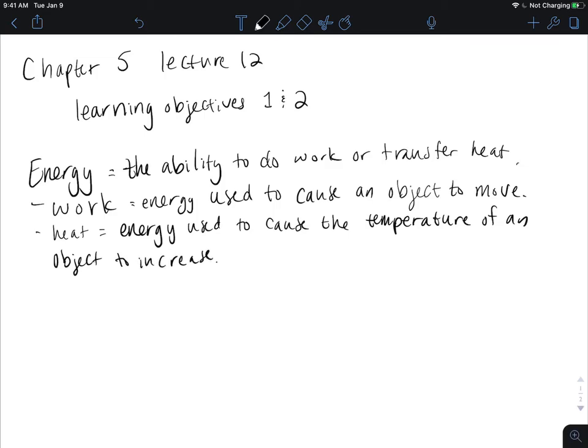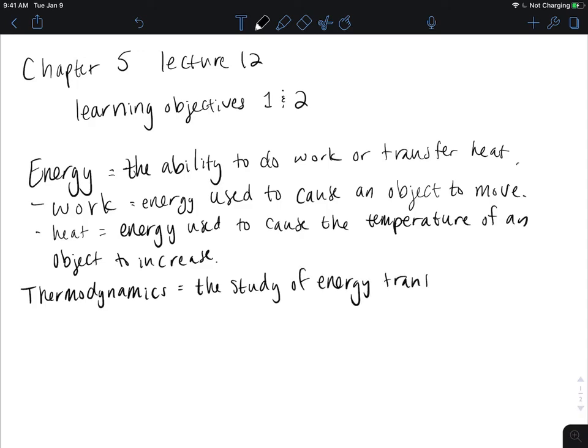We call this evaluation of energy thermodynamics. So when we're studying energy or energy transformations, that's our thermodynamics. Okay. And then specifically, we have thermochemistry.